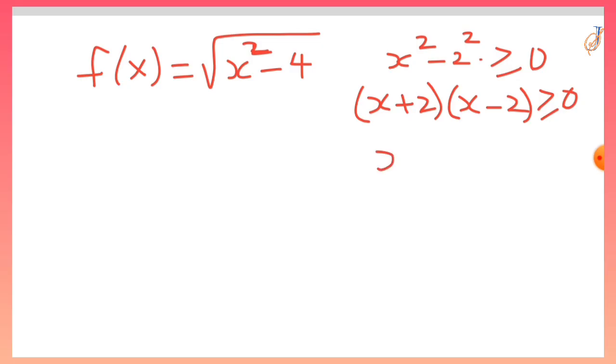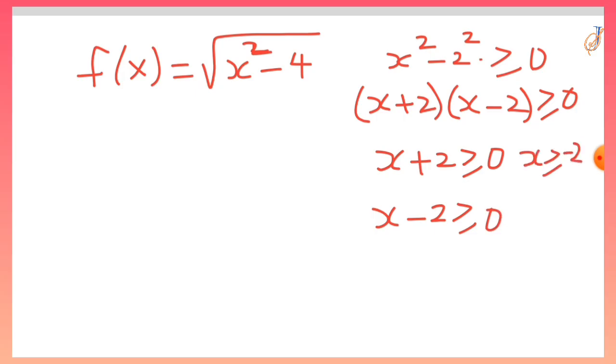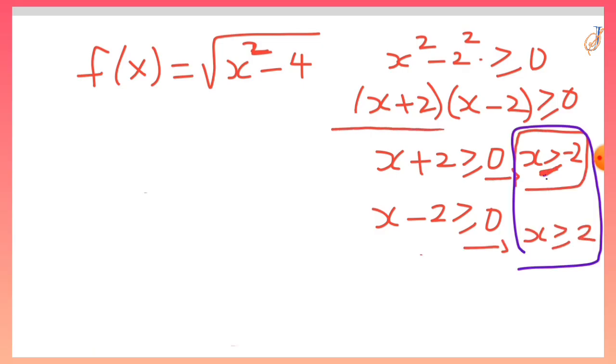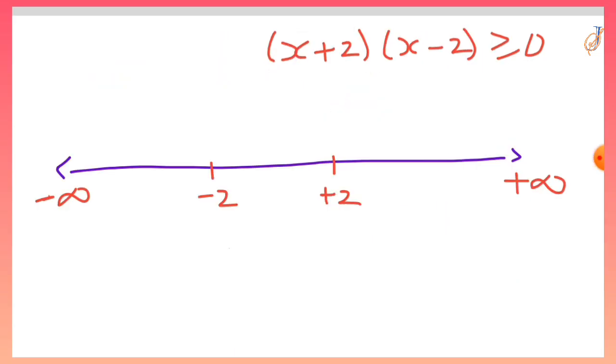So that means x plus 2 greater than or equal to 0 and x minus 2 greater than or equal to 0. Here x is greater than or equal to minus 2 and here x is greater than or equal to plus 2. Here the function is (x plus 2)(x minus 2) greater than or equal to 0. So after drawing the number line, here minus 2 and plus 2, we divide it into 3 regions, isn't it?